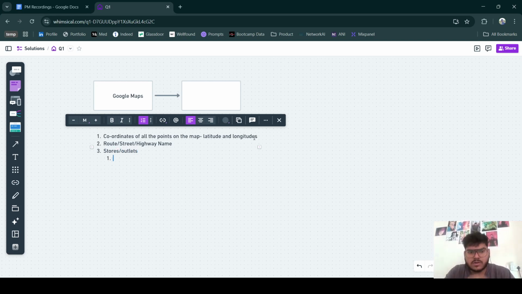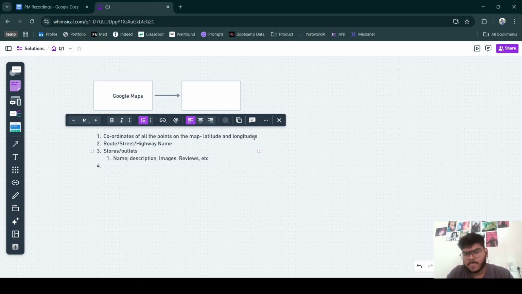This includes the name, description, images including menu items, reviews, and other things such as contact information, etc.